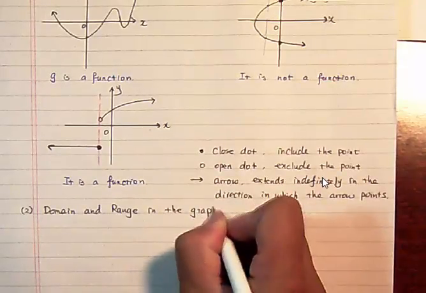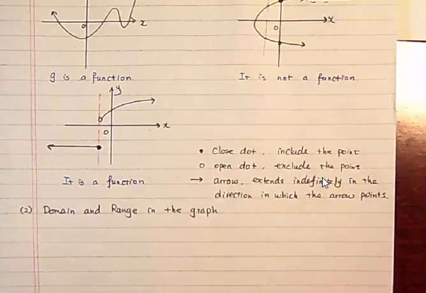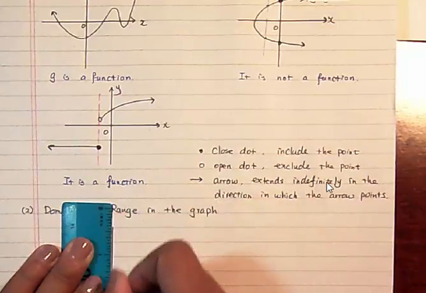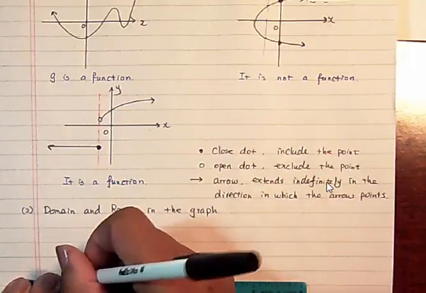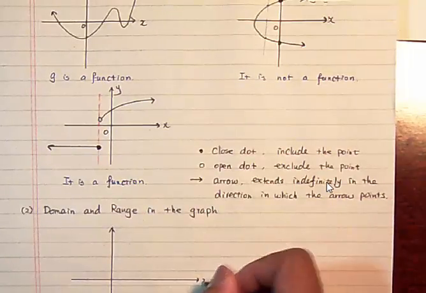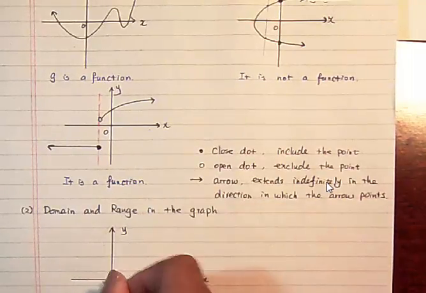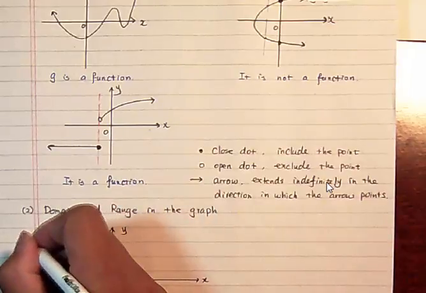Just keep in your mind that domain is the collection of all the inputs, and range is the collection of all the outputs. So with that in your mind, take a look at this graph. I'm going to use an example to explain to you. So X is all the input and Y is all the output.